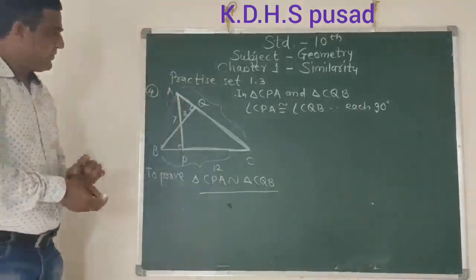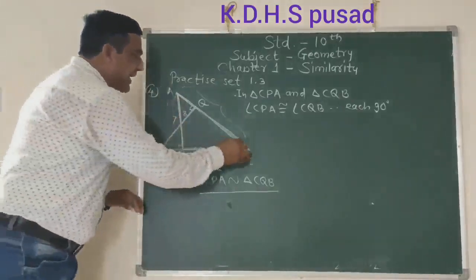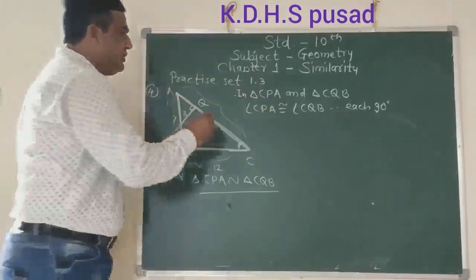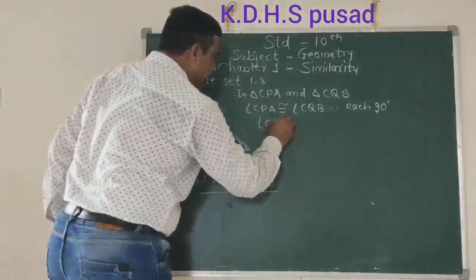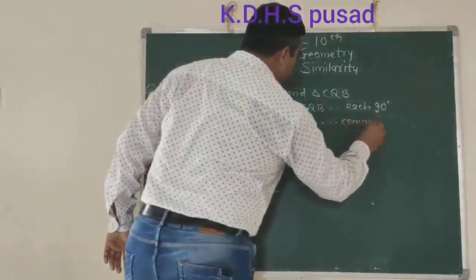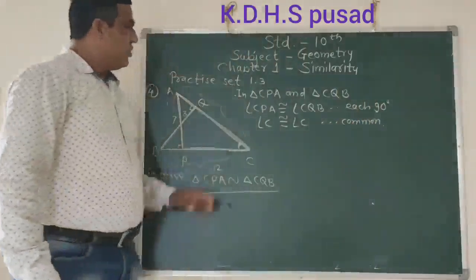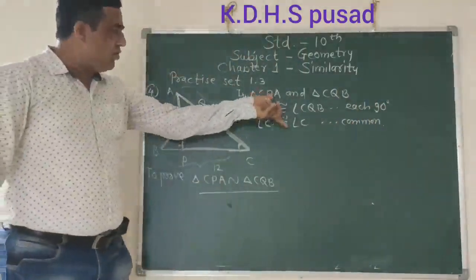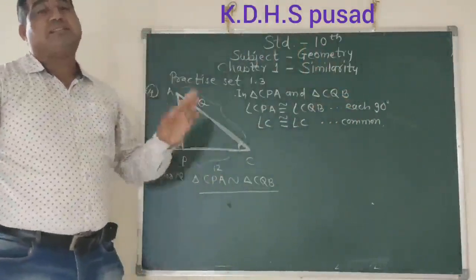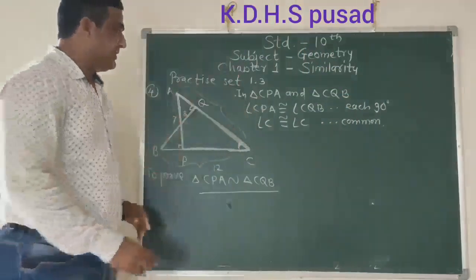Now check the second pair. In these two triangles, this angle C is common for both the triangles completely. So here angle C is congruent to angle C, that is the common angle. So as two angles of this triangle are congruent with corresponding two angles of another triangle, the two triangles are similar by AA test.